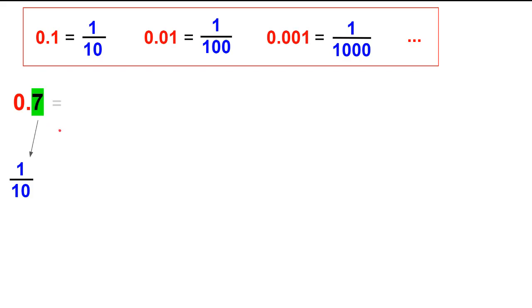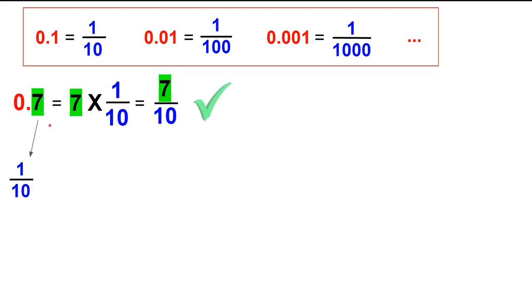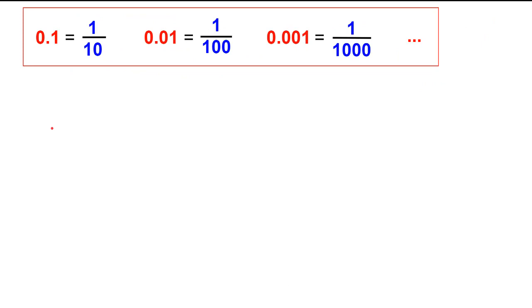So in this case, we have 7 times 1/10, which is 7/10. So 0.7 is 7/10. Let's see another example. 0.4.